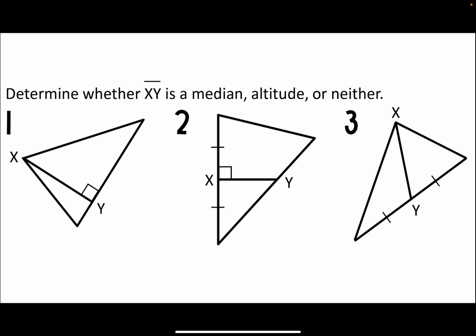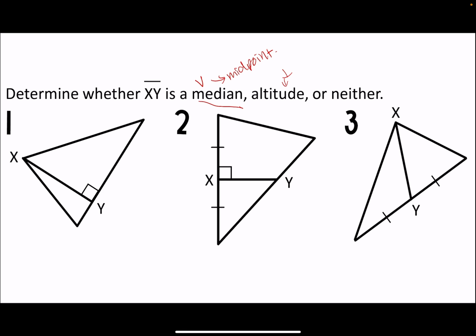All right, determine whether XY is a median, altitude, or neither. So remember that a median goes from the vertex to the midpoint of the other side. All right, and an altitude just hits it at a right angle, so it's perpendicular to the opposite side.